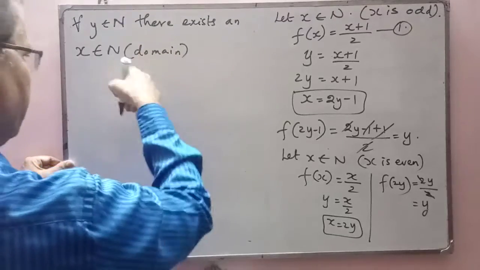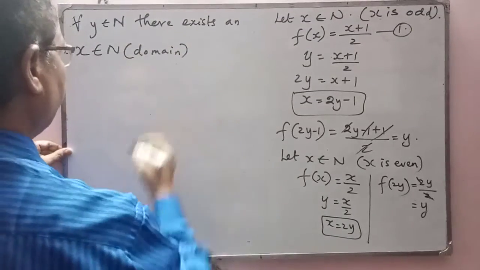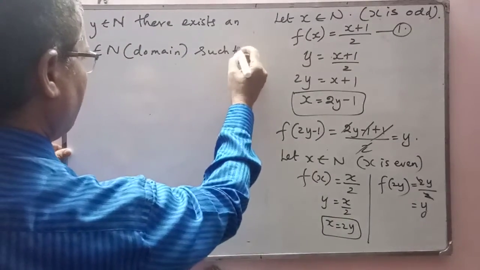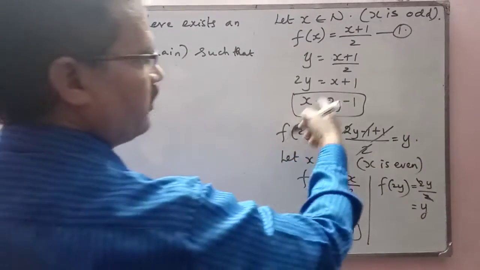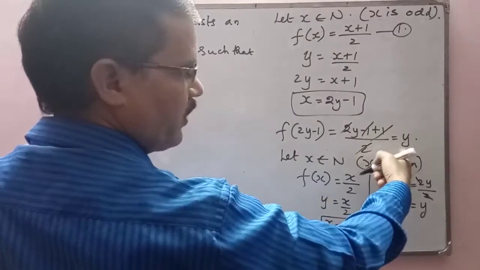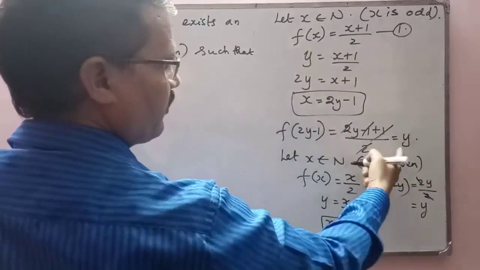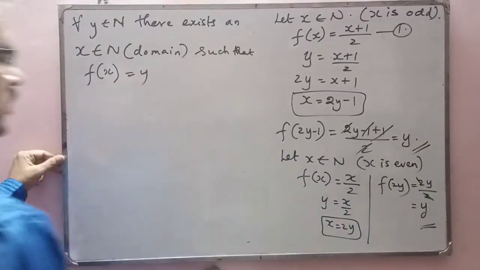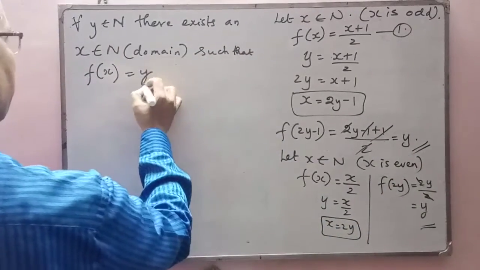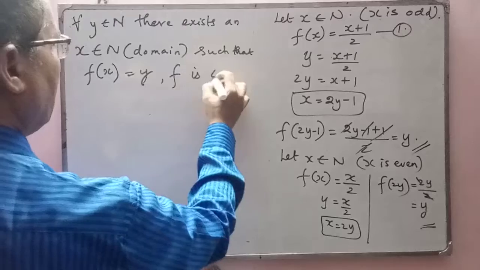So for every element in the codomain, there exists an element in the domain such that f of x equals y. This is what we have proved. Can you understand? f of x equals y. This is the same we have proved here. So as we have proved it, f is an onto function.